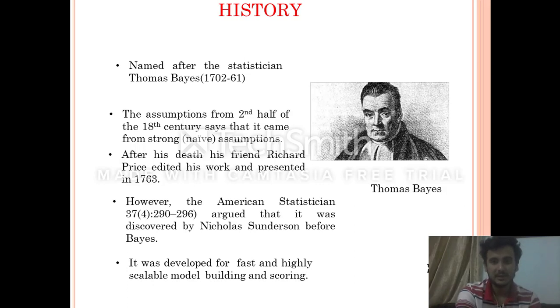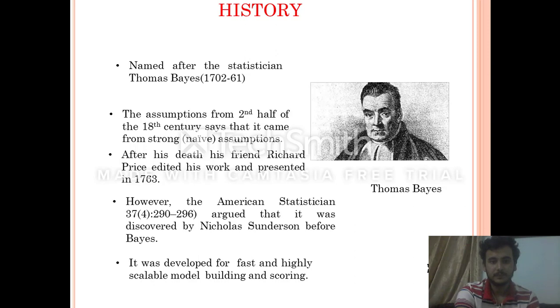Naive meaning lacking worldly judgment or knowledge. But after the death of Thomas Bayes, his friend Richard Price edited his work and presented it in 1763. So it was officially announced in 1763.